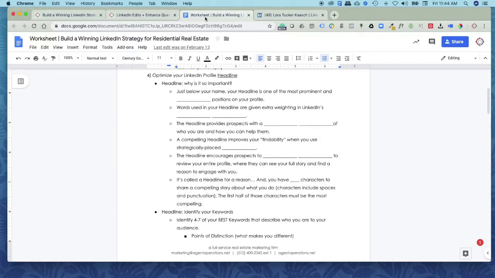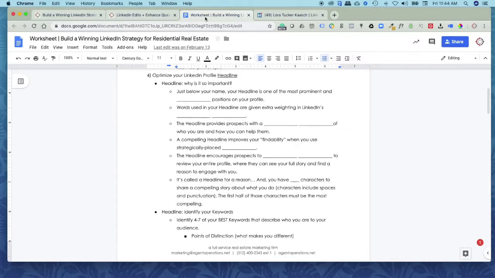So your LinkedIn profile headline, we're going to optimize that. And why should we optimize your profile headline? Well, you might have heard me say before, but LinkedIn is like a search engine. It's a search engine in the same way that you search for things on Google.